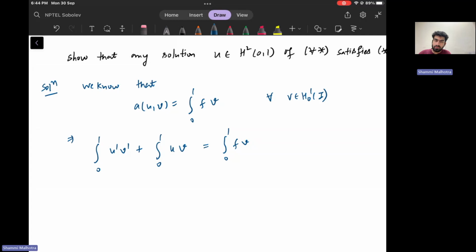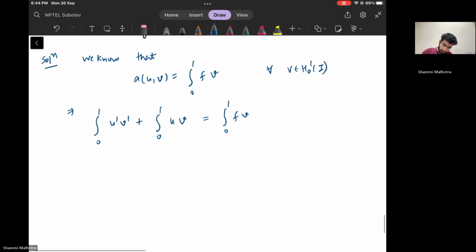But if I take v from any H^1(0,1), what I can write, from Lax-Milgram, is that this is nothing but (u1 minus u0) times (v1 minus v0), for all v in H^1(0,1).